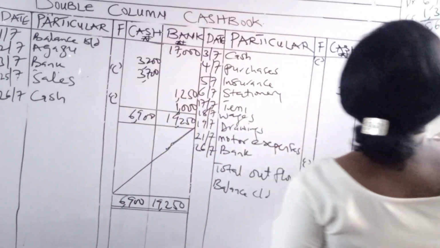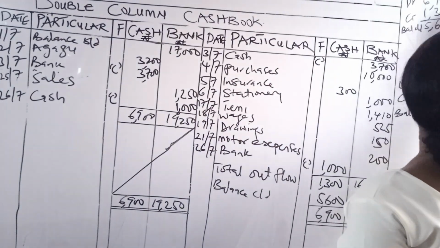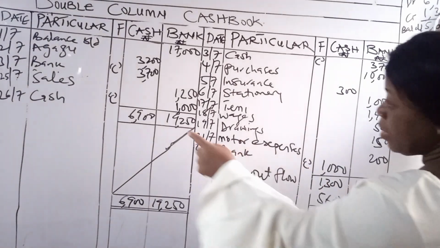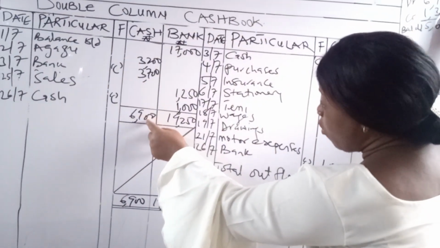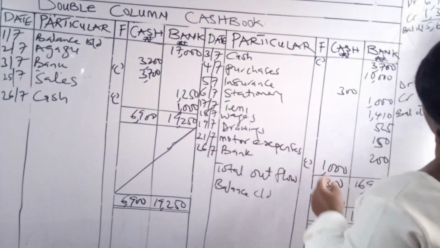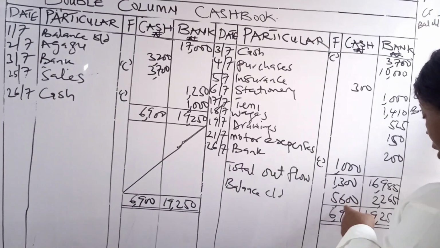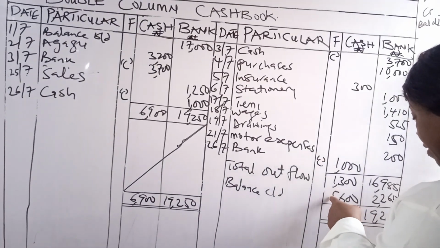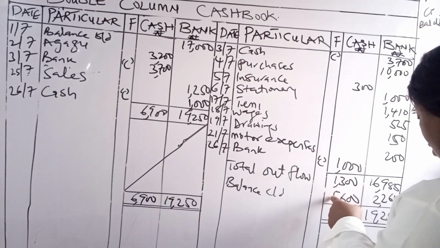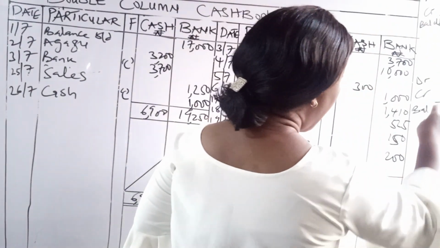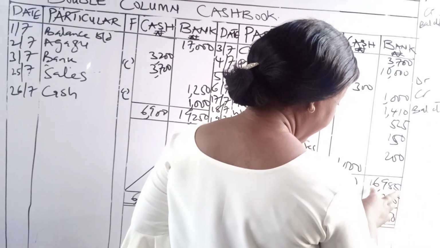So when we subtract the 1,300 naira outflow of cash from the 6,900 that was received, the remaining amount, the balance remaining, resulted in 5,600 naira.